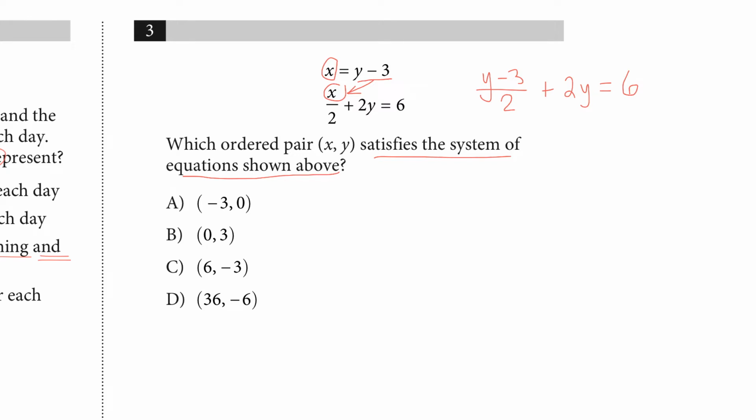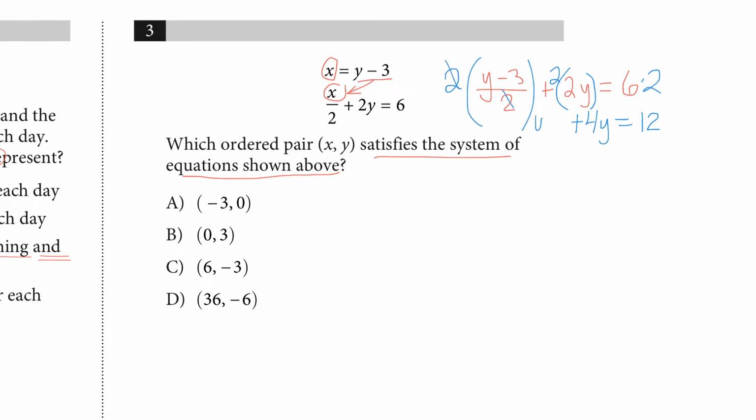And if I want to get rid of the fractions here, get rid of the 2, I could multiply every term by 2. 6 times 2 is 12 on the right hand side. And over here I'm going to have 2 times 2y, that's 4y. And this 2 will cancel with that 2, which was the idea there.